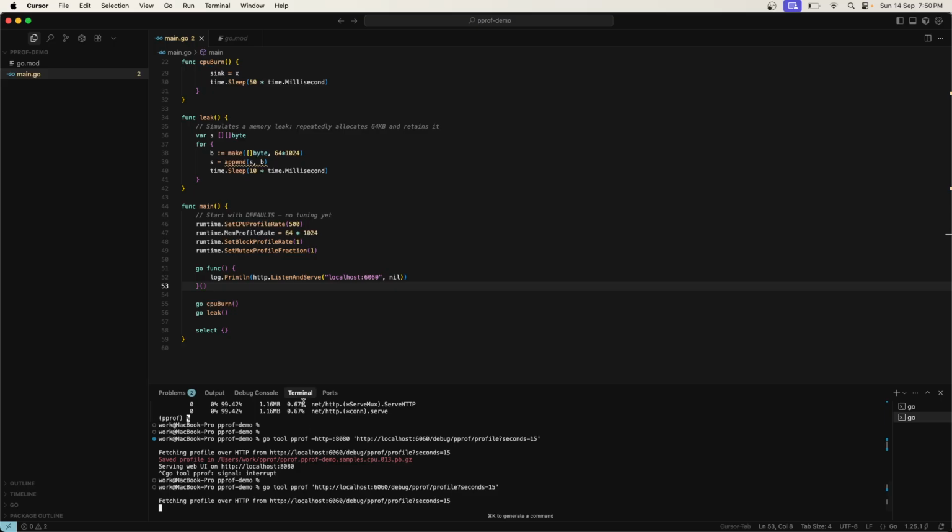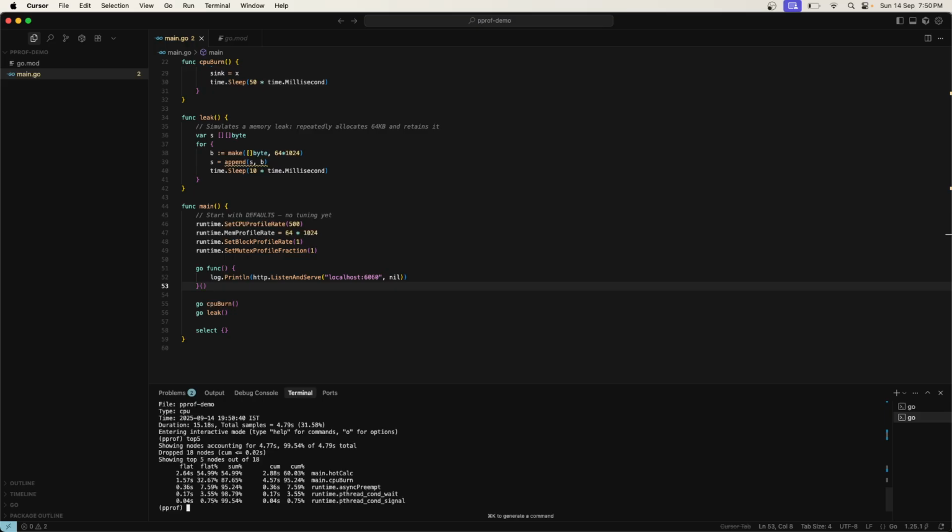So again, the same command we have fired here to run the CPU profiling. So let's see. Now we are collecting more samples. The CPU hotspot is much sharper.